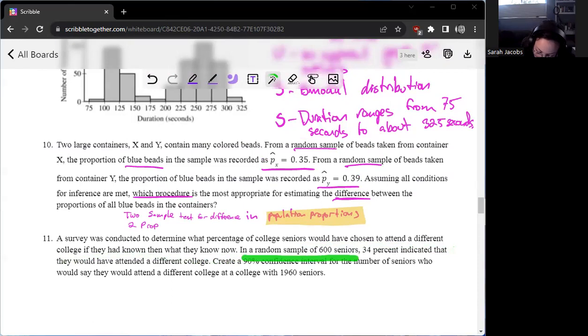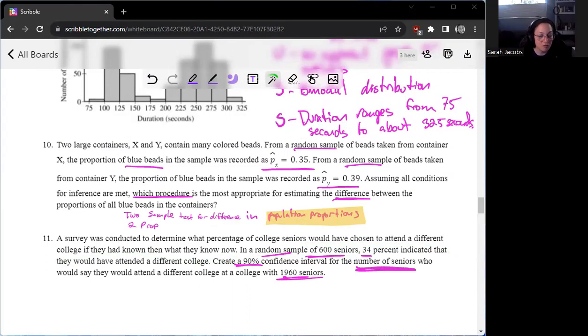And a random sample of 600 seniors, 34% indicated that they would have attended a different college. Create a 90% confidence interval for the number of seniors who would say they would attend a different college at a college with 1,960 seniors. Okay.